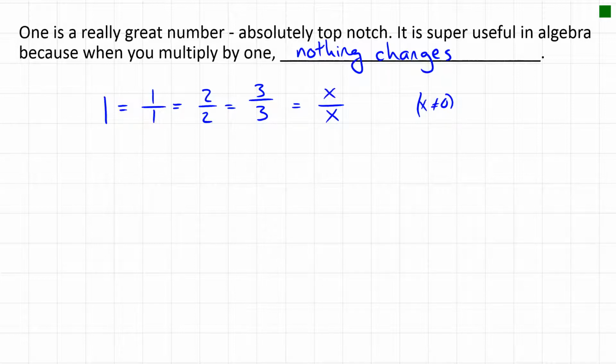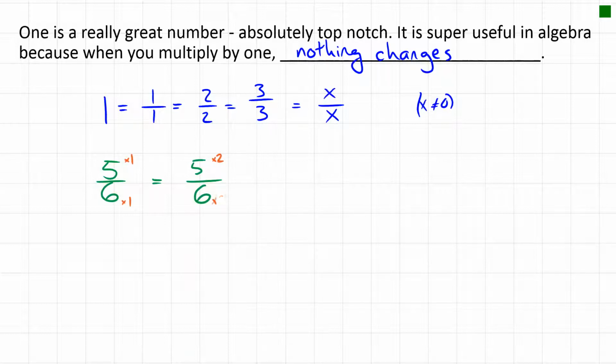So if we have a number like 5 over 6, we can change what 5 over 6 looks like by multiplying it by 1 over 1. I can multiply by 1 on top, by 1 on the bottom, or instead of that, I could multiply by, as we've seen, 2 over 2, because 2 over 2 is just equal to 1.